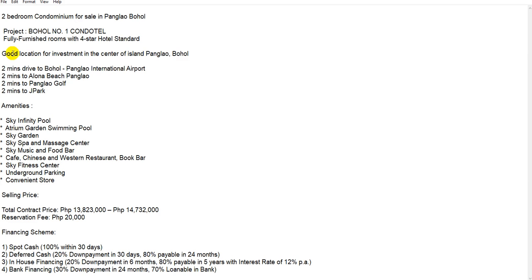So the buyer is maybe from the USA. He was trying to search for a condominium in Philippines or condominium in Bohol.